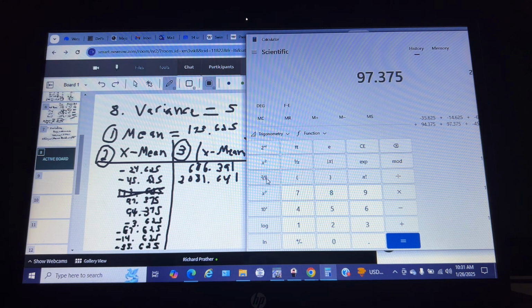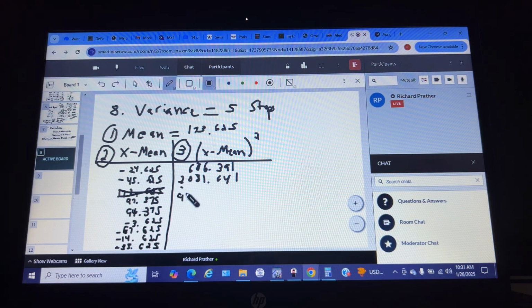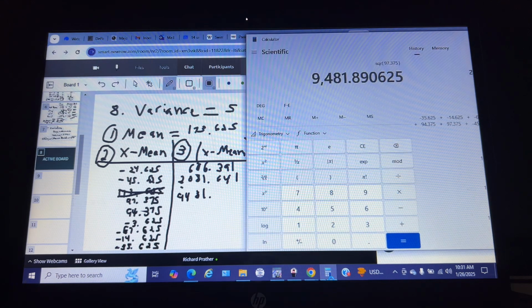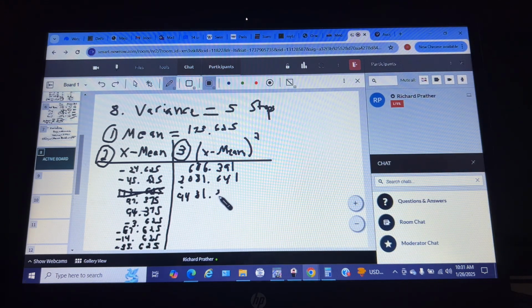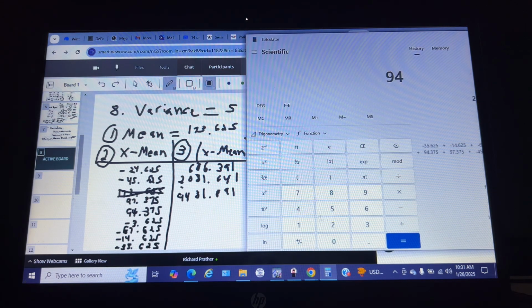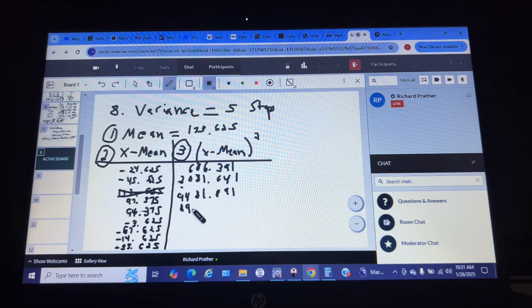97.375. Square that. 9481.891. Okay, then we got 94.375 squared, 8906.641.